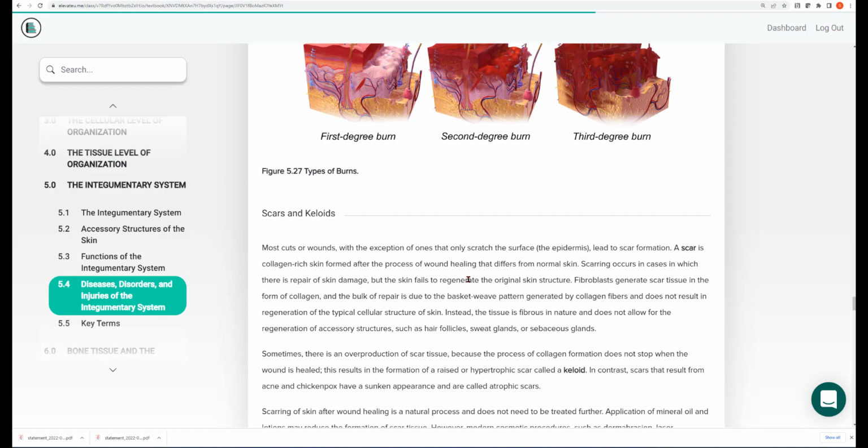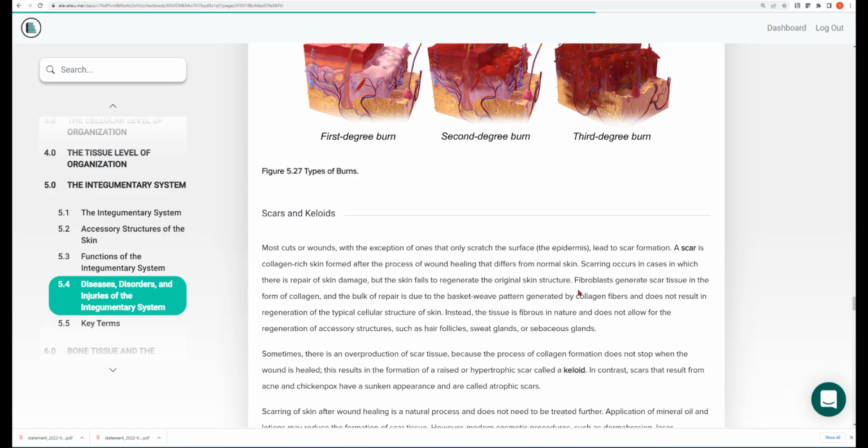When your skin is repairing itself, it has to lay down collagen rather quickly, and that leads to a scar, right? Some sort of scar. Scar is simply a bunch of collagen that is being produced as the skin is repairing itself, and those fibroblasts are very, very busy regenerating the skin and the scar tissue.